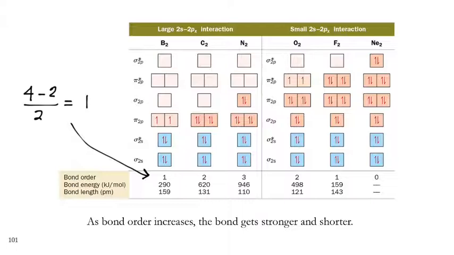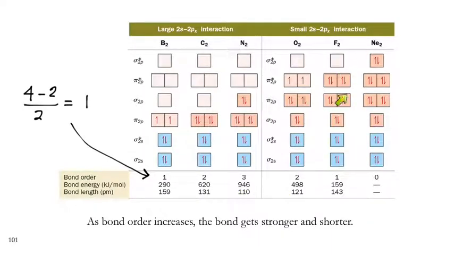For oxygen, fluorine, and neon, they use the normal molecular orbital diagram. So here we've got sigma 2p, pi 2p. These are switched from over here. For oxygen, we've got 6 valence electrons, so a total of 12. Goes 2, 4, 6, 8, 10, 11, 12. And now the bond order is lower, the bond energy is lower, and the bond is longer compared to nitrogen.